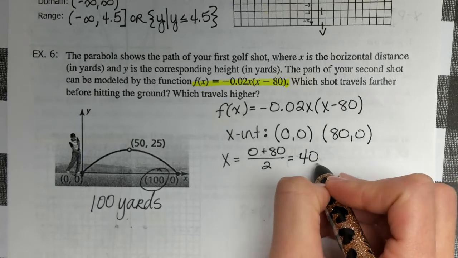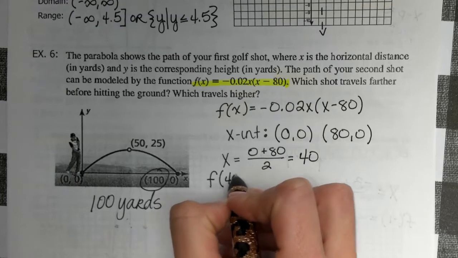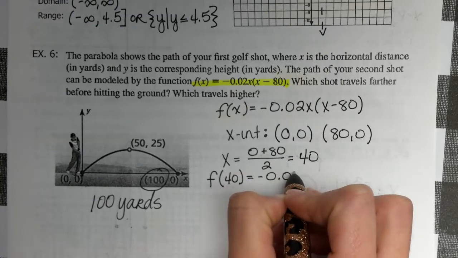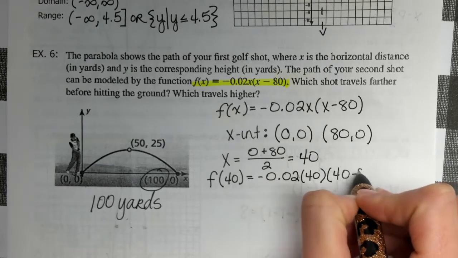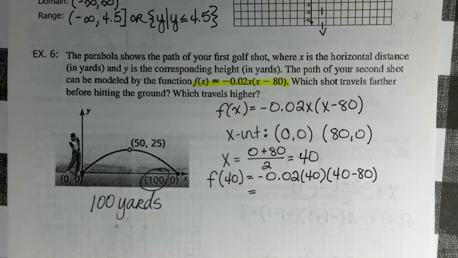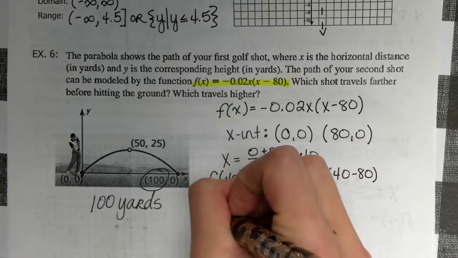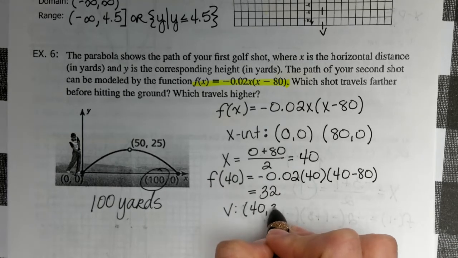And then what am I going to do with that 40? I'm going to plug it in. And you should get 32. So my vertex is 40, 32.